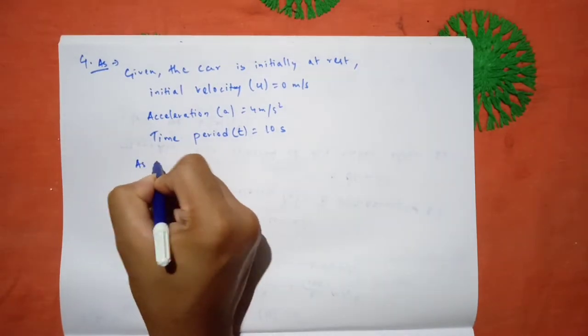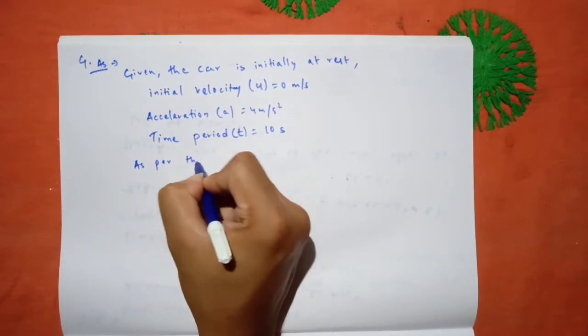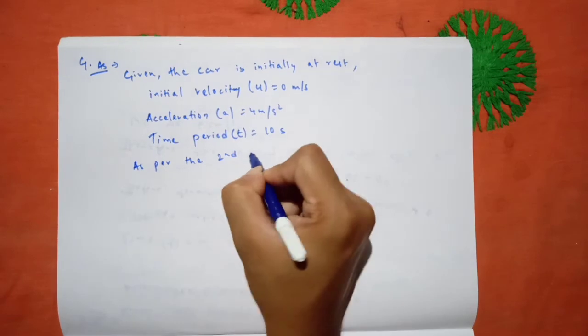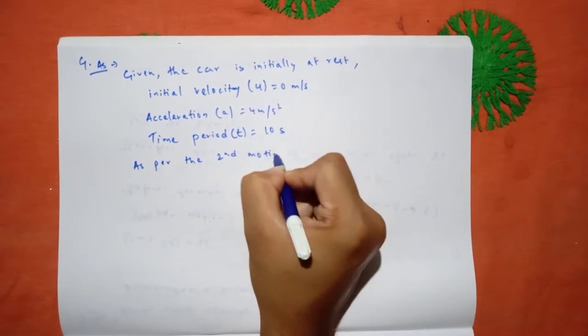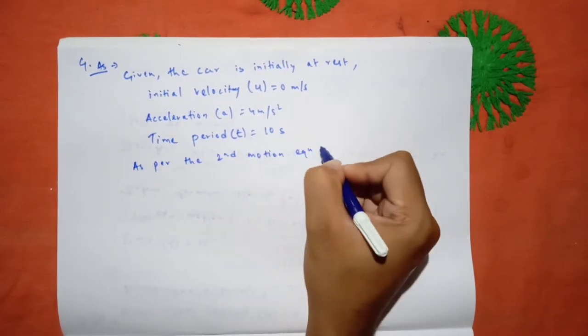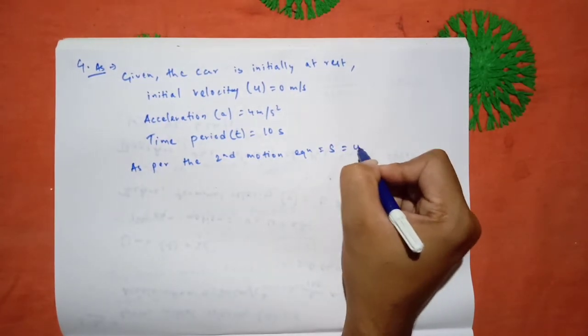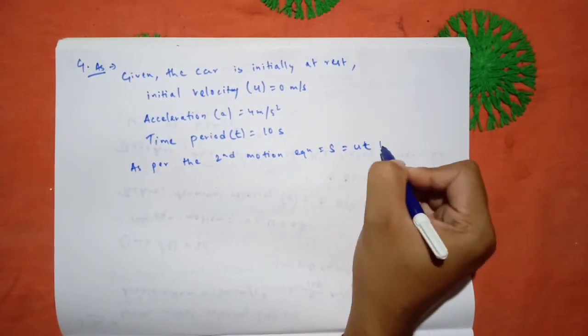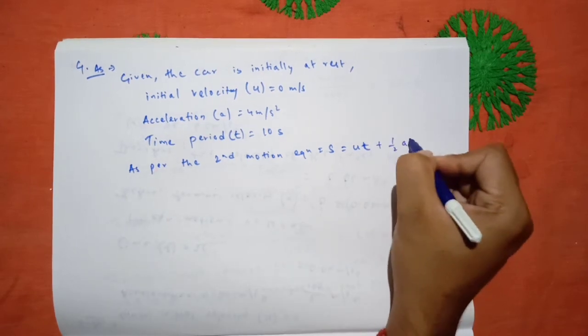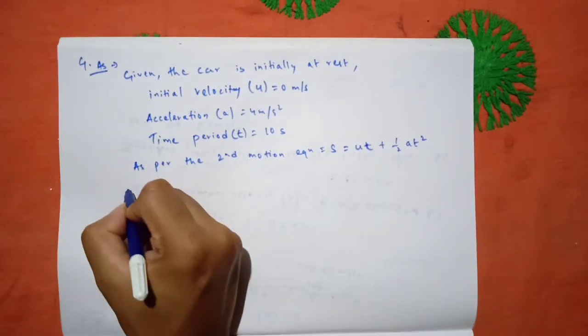Now as per the second motion equation, whose formula is S equal to ut plus half at square.